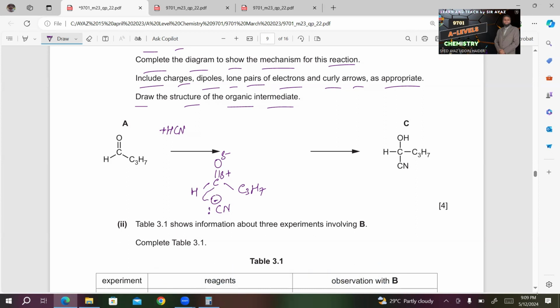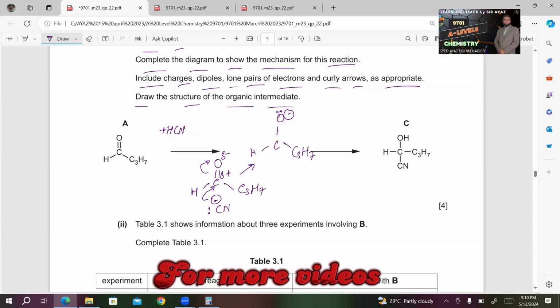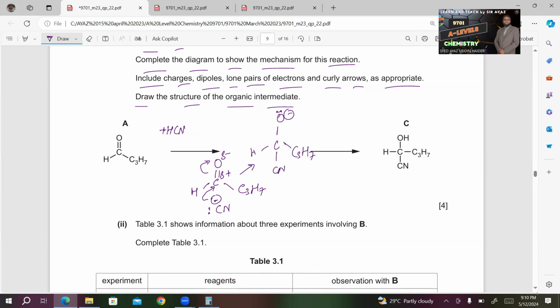It will attack the carbon, and one of the bonds between carbon and oxygen moves towards oxygen. Then we will get this. Oxygen will acquire negative charge now. And we have C3H7 here, H here, and here we have CN. So this negative charge will attract H positive ion. So in the end, we'll get this product, C.